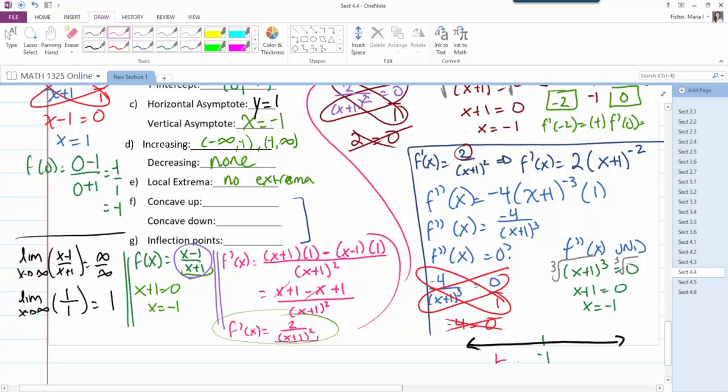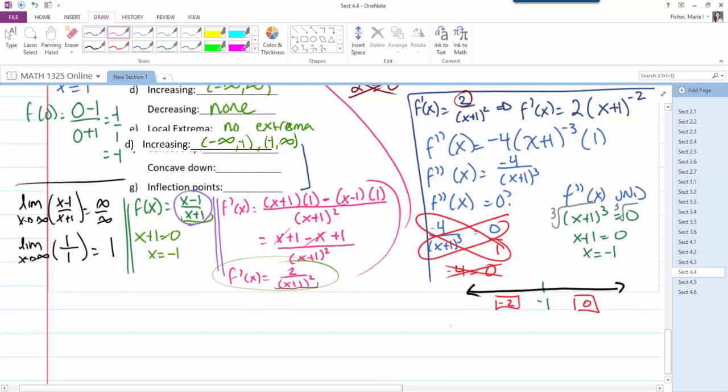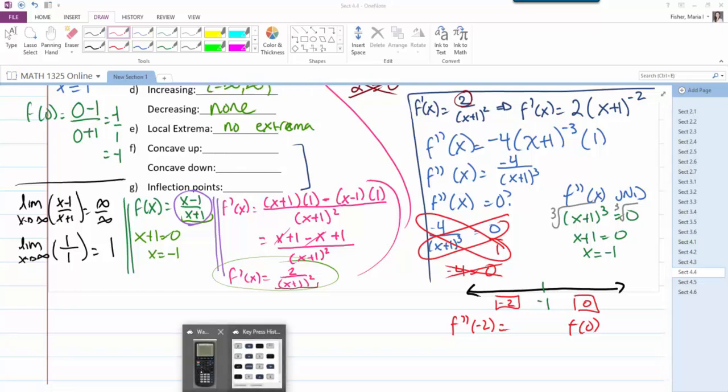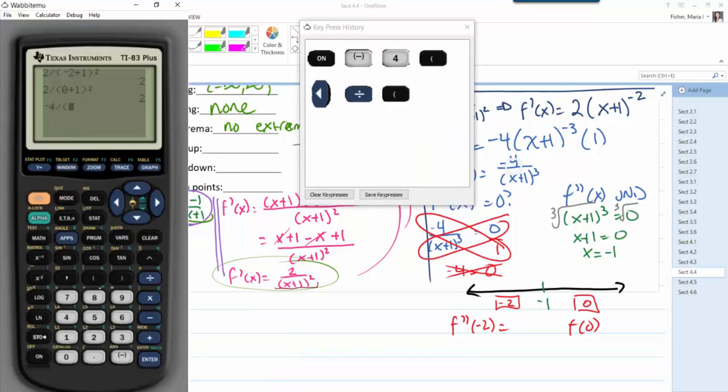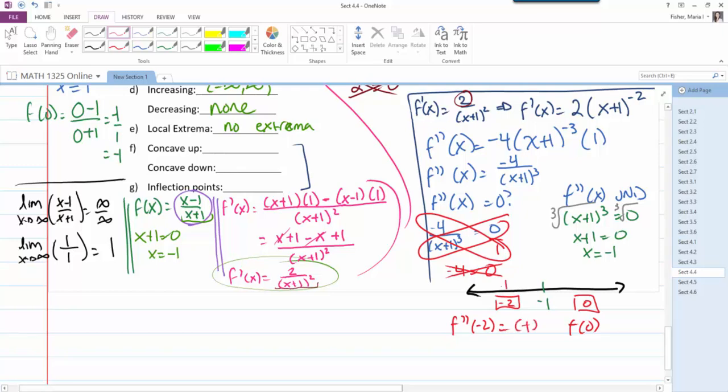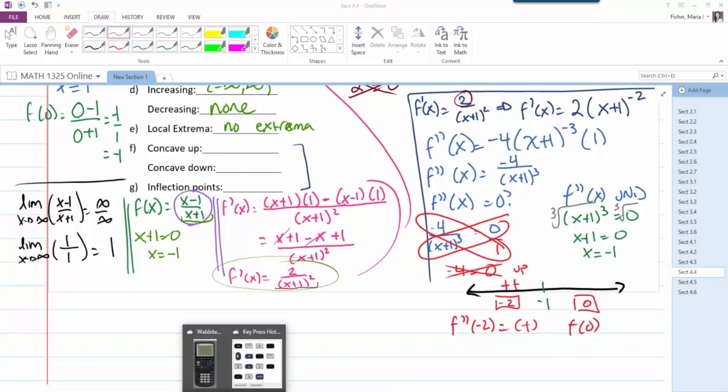I choose my test values. From the left, I can choose negative 2. From the right, 0. And then I'm going to evaluate my second derivative at negative 2 and at 0. So grabbing a calculator, I have negative 4 over negative 2 plus 1 raised to the third power, and I end up with a positive number, which means that in this section I am concave up. And then I plug in a 0.